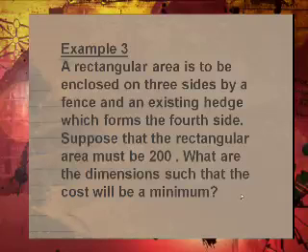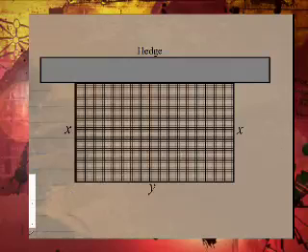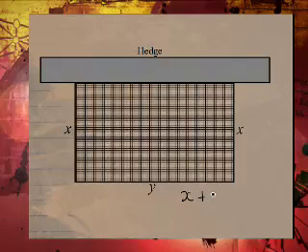Now what do we do here? What we know, and this is so important, guys, is the fencing is 100 meters. So we can say x plus y is 100.